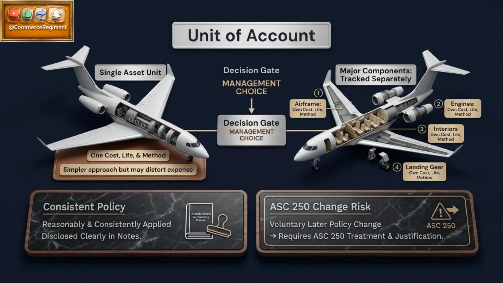A single asset unit is simpler, but it may distort depreciation if the components wear out at different times. Component accounting can create a more faithful expense pattern, but it requires tracking discipline. Whatever approach is selected must be reasonable, consistently applied, and disclosed. A later voluntary change may raise ASC 250 accounting change considerations.